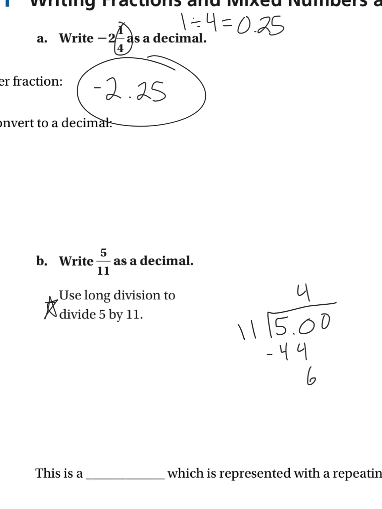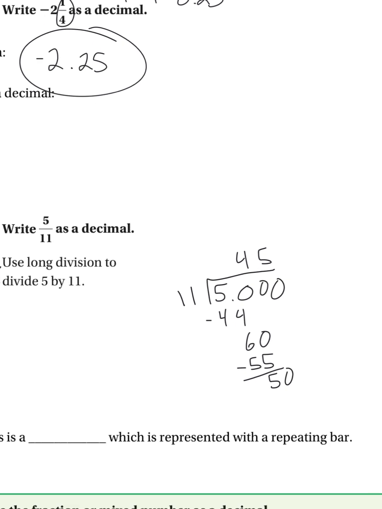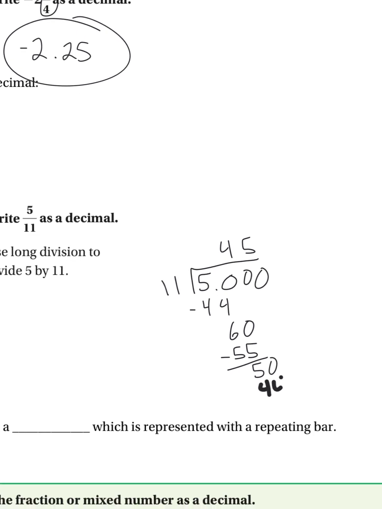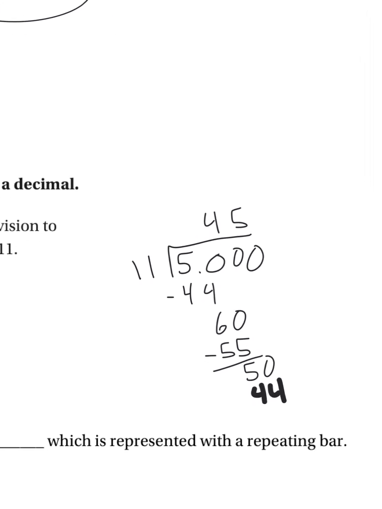11 doesn't go into 6, so I need to add another 0. 11 does go into 55 by 5. Then there are 5 left over. Again, another 0. And then this is again going to be 44. And then there will be 6 left over and then 5.